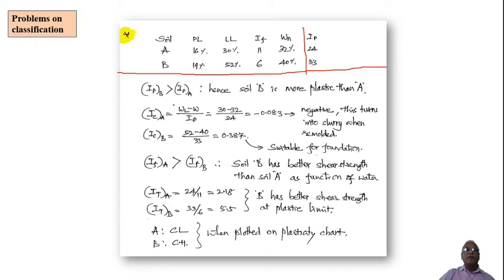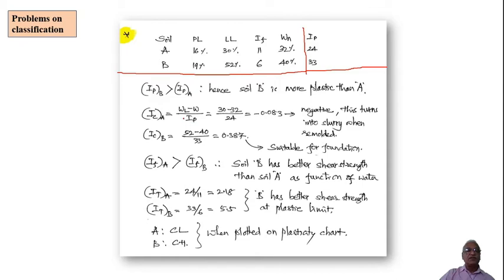Okay. Now the comment on all these soils, because you can compare this: because plasticity index for B is more than plasticity index of A, we can say that soil B is more plastic than A. Okay. Now consistency index IC, which is given by WL minus W divided by IP.